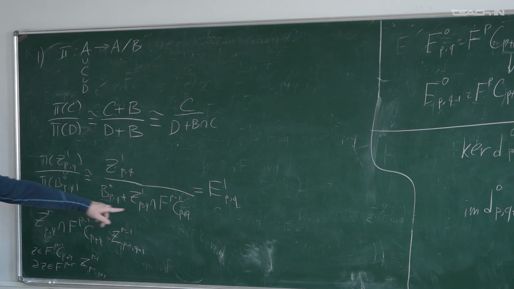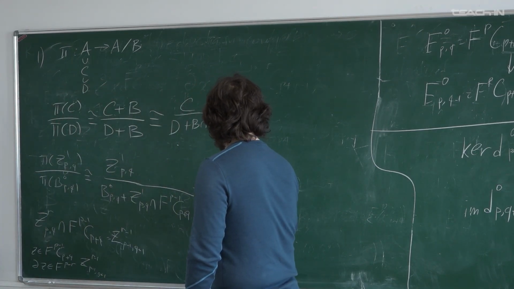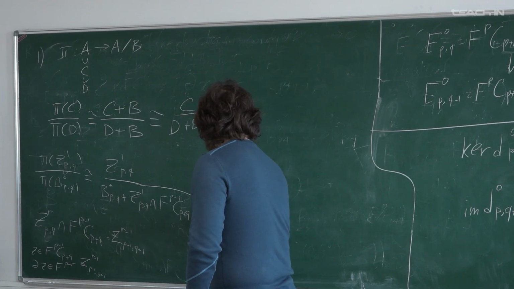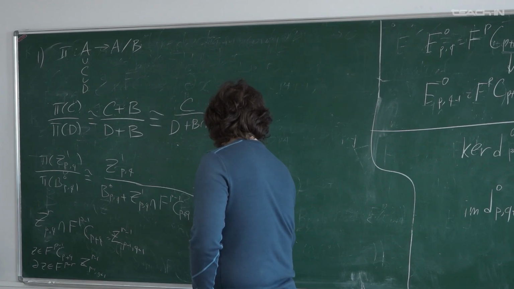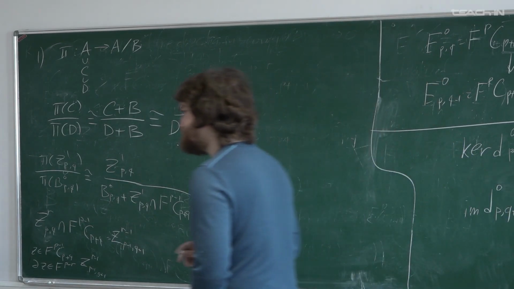So this is in fact Z1 PQ modulo B0 PQ plus Z0 P minus 1 Q plus 1.